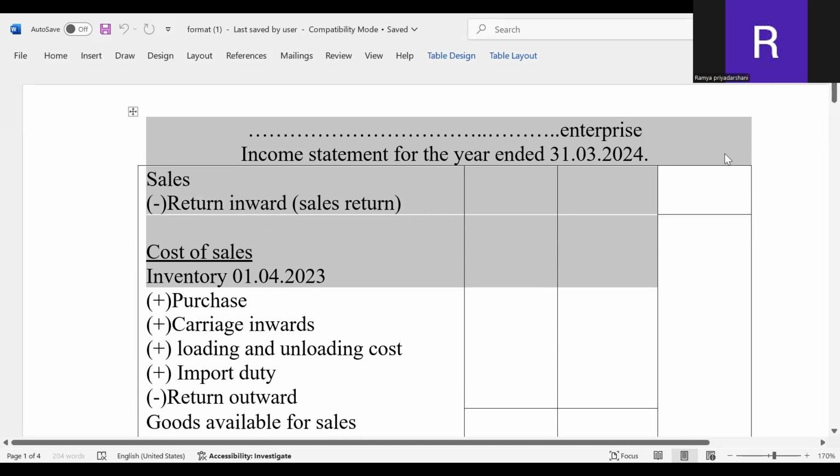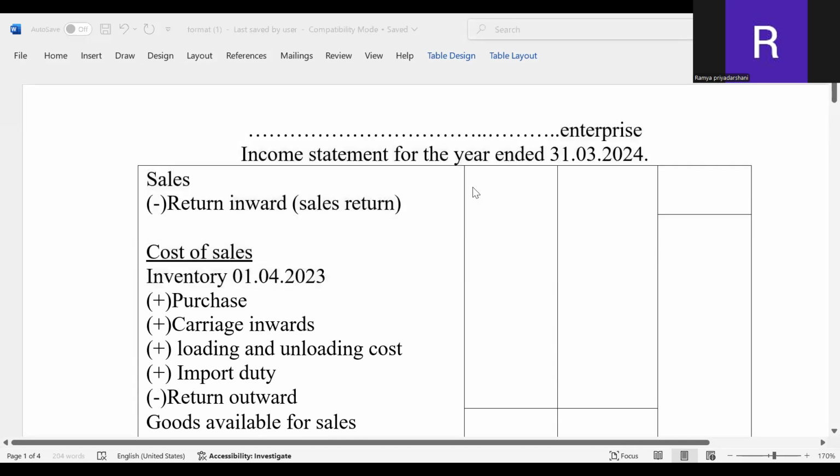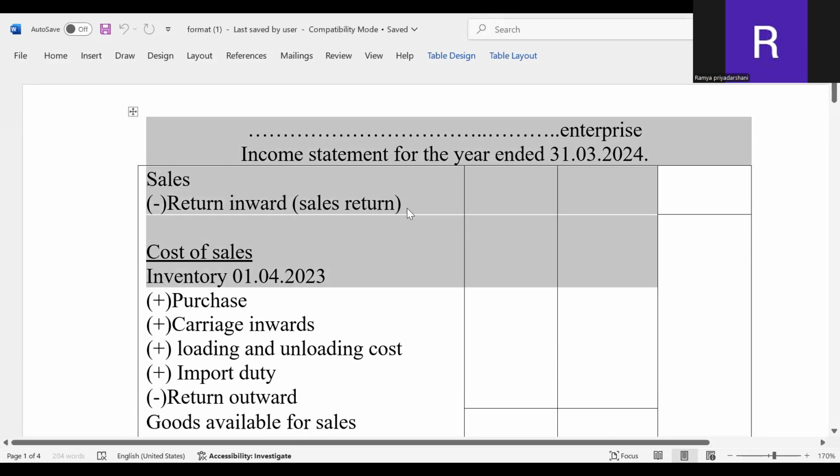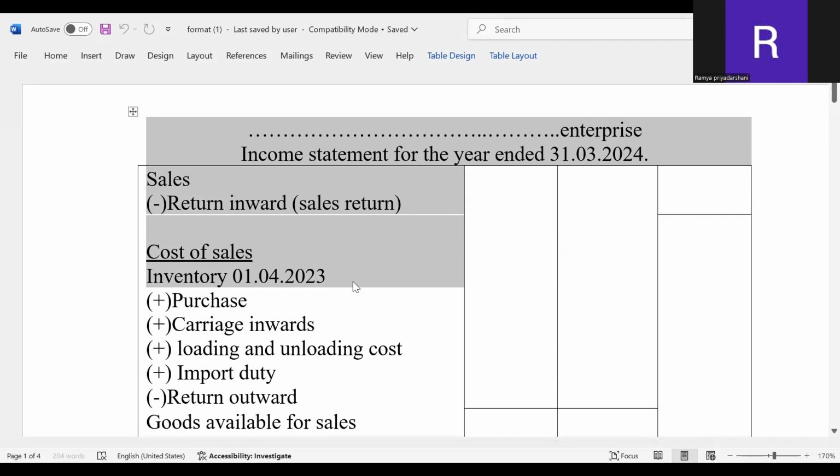Sales minus sales return. Then cost of sales. You have to know how to calculate cost of sales also. Opening stock plus purchases, then plus carriage inwards, plus import duty. This is the way you have to prepare the format.